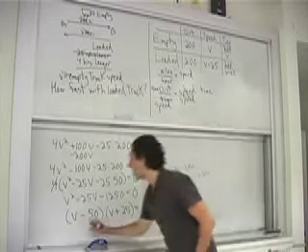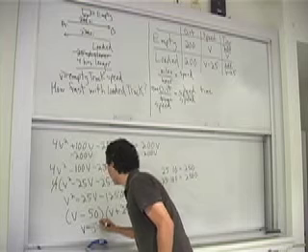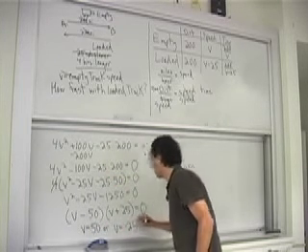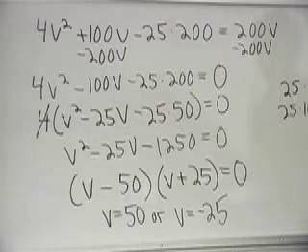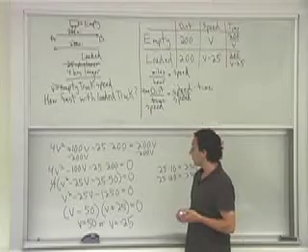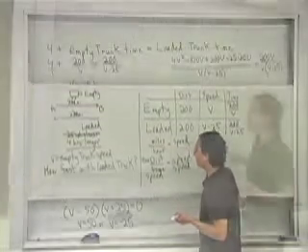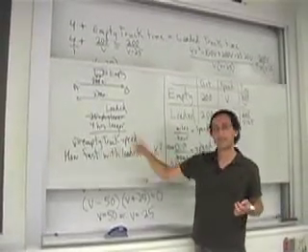So our two possibilities are that V could be 50 or V could be minus 25. To understand which is the correct solution, we need to go back to the original problem. V was the speed of the empty truck.